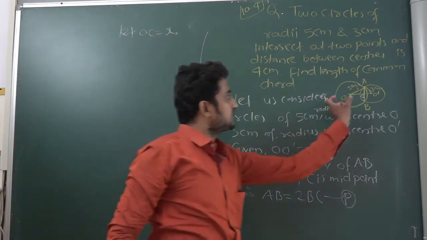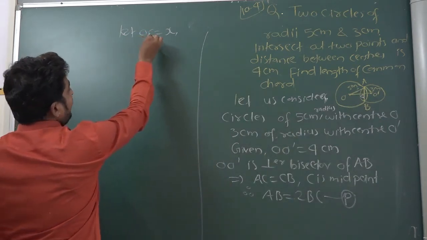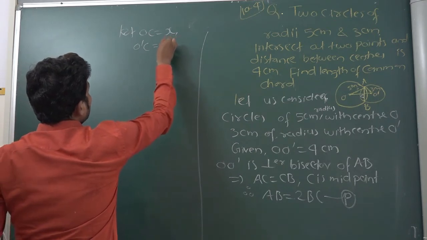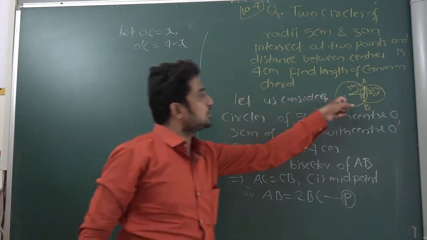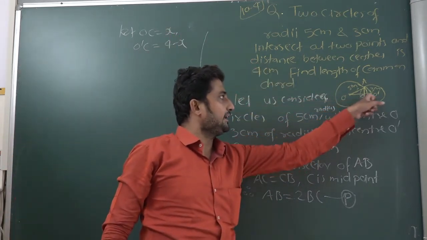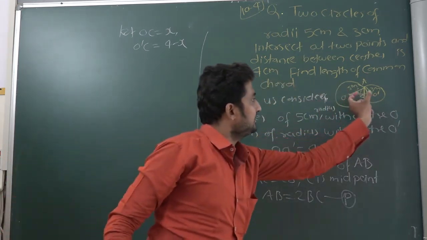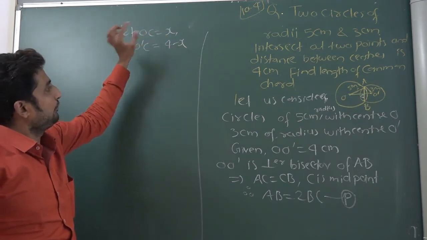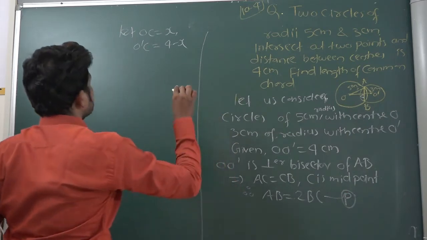We are considering this length OC as x, and O dash C as 4 minus x, as we know that the complete length is 4 centimeters. So we got both sides, OC and O dash C.